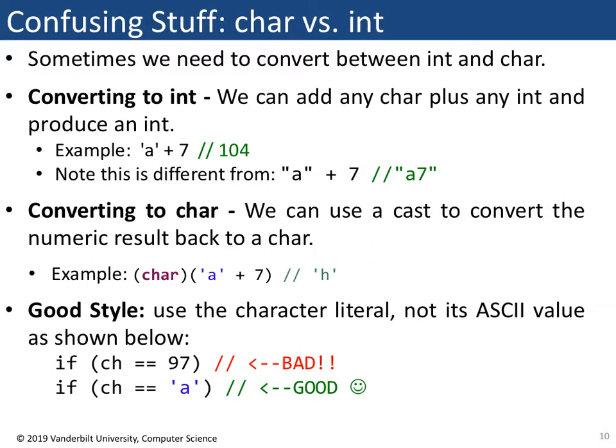So in Java, if you were to type in as an expression the character literal a plus the integer literal 7, the result would be 104. The reason is because in memory, a is stored as the integer 97. So 97 plus the integer 7 equals 104.